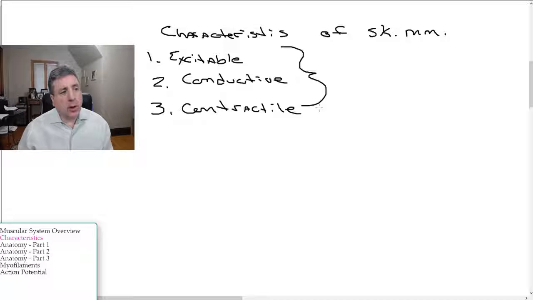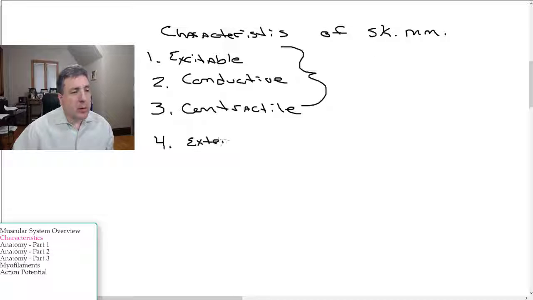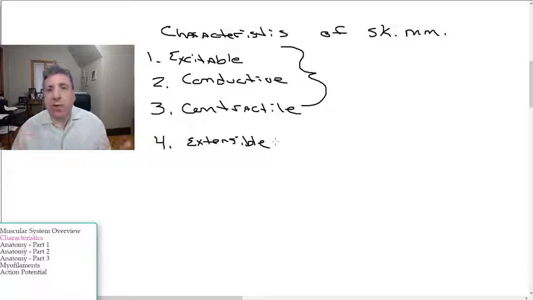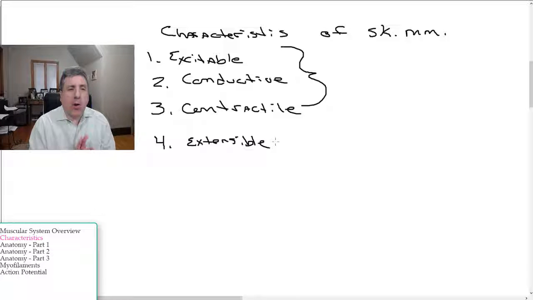Two more characteristics of skeletal muscle. One is it's extensible. Basically that means it can be stretched. Everybody's kind of done this. If you start to exercise, they always say do warm-up stretches, okay?